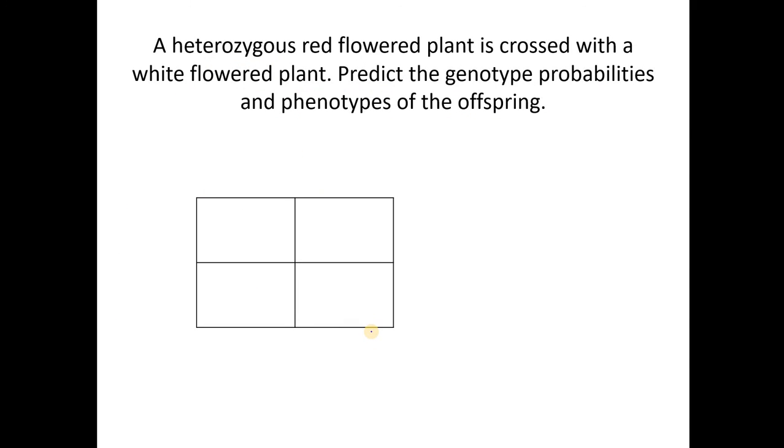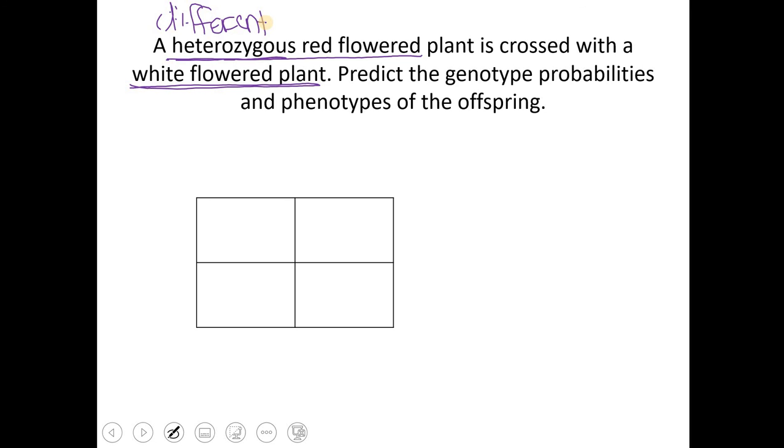All right, this one's a little trickier. It does not give us the genotypes. A heterozygous red flowered plant is crossed with a white flowered plant. We have to remember what heterozygous means, and it means different. So since it means different, we know we have to have one big letter and one little letter.